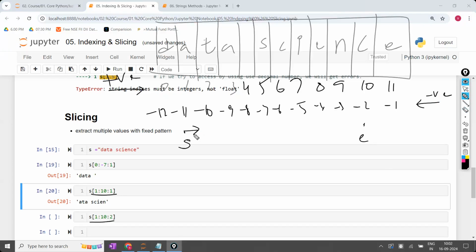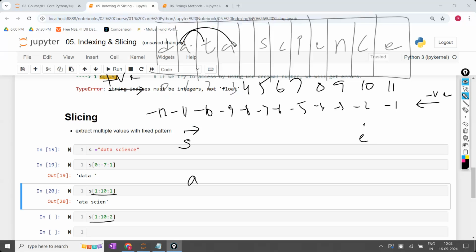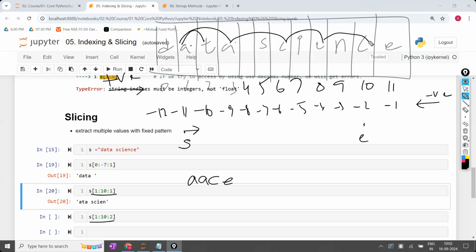This is direction 2. So first I'll start with the D letter. From here, instead of moving to the next one, I will move with the increment of 2. 2 steps forward I'm moving. That is A. From here, where do I have to move? To A. From here? To E. From there, where do I have to move? To C. But C should not be included.